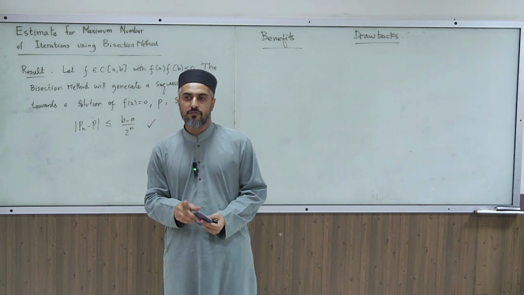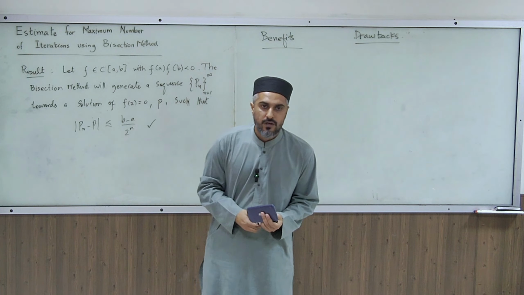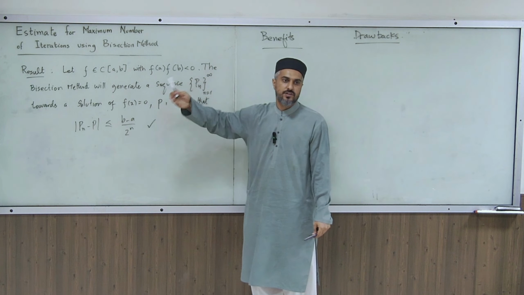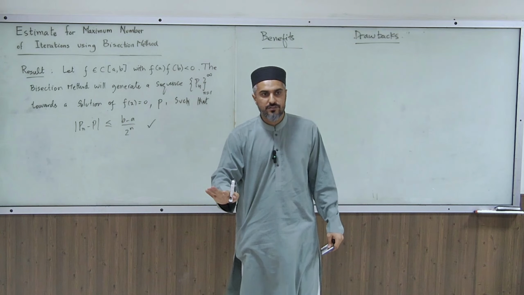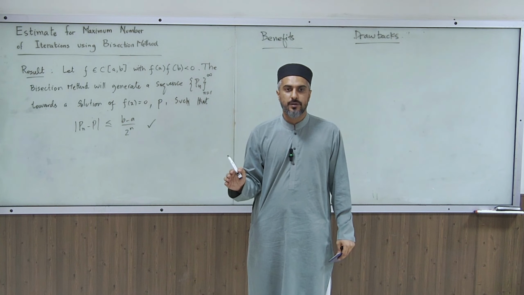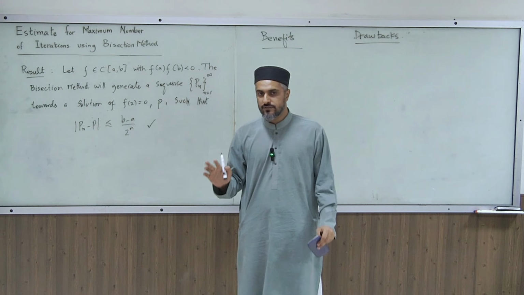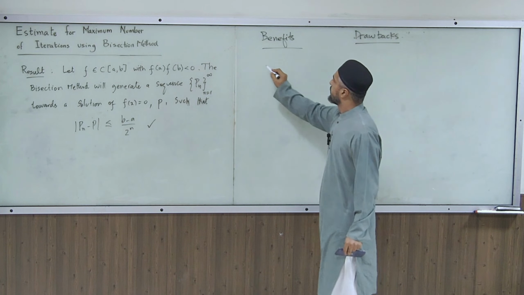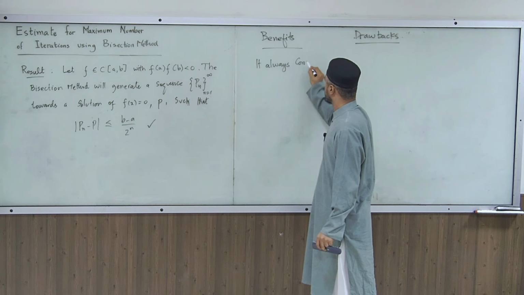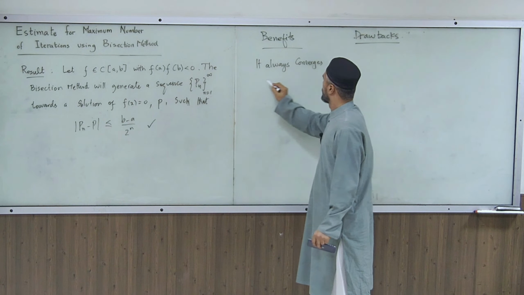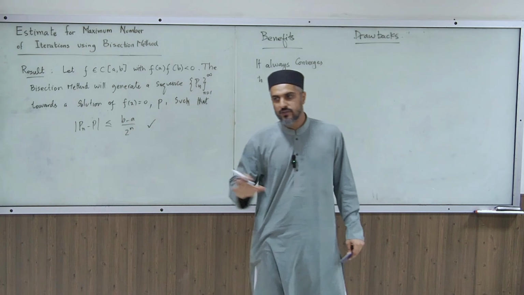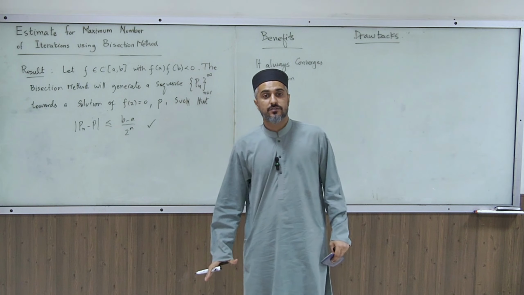One very strong benefit is that if this condition holds, that we say when we start a problem, the function should be continuous and the endpoints should have different signs, then it always converges to a solution. It always converges to a solution, and that is a very big thing.